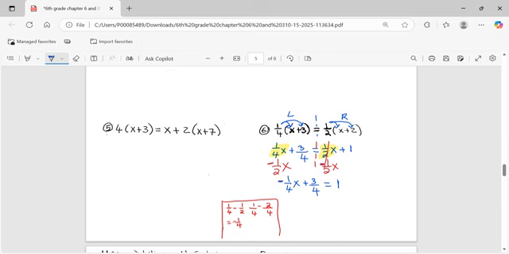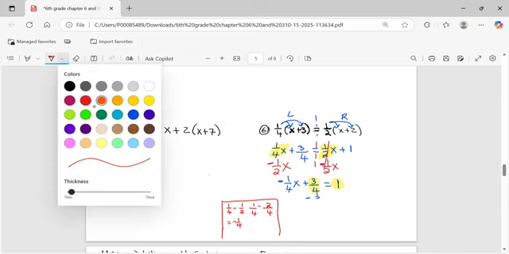I got my x's together. Now I'm going to go ahead and get my numbers together. These are like terms. So I'm going to go ahead and subtract 3/4 on both sides.